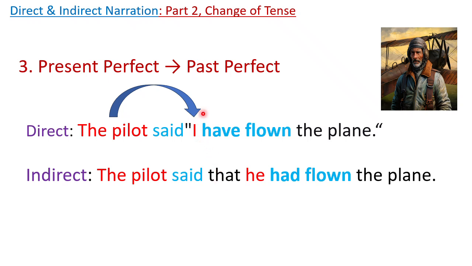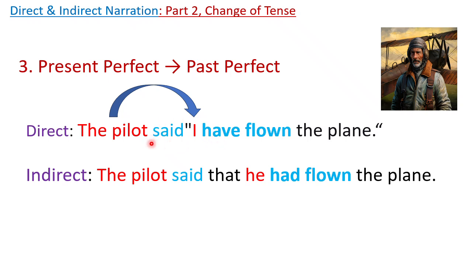Then when we remove the inverted commas, we are writing "that". So this "that" is instead of inverted commas. "I" is changed into "he" because "I" is the first person, which changes according to the subject outside. It has become "he". And "have" is changed to "had" because outside the verb is past. If outside there was, for example, "says", there would be no change of tense.